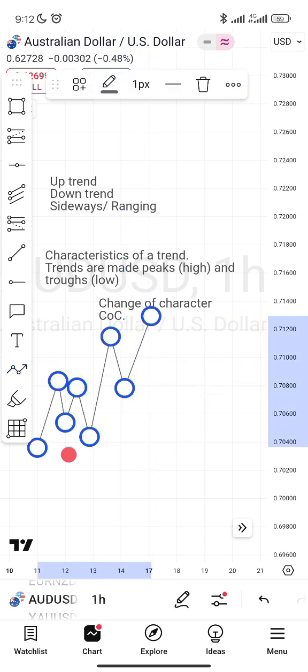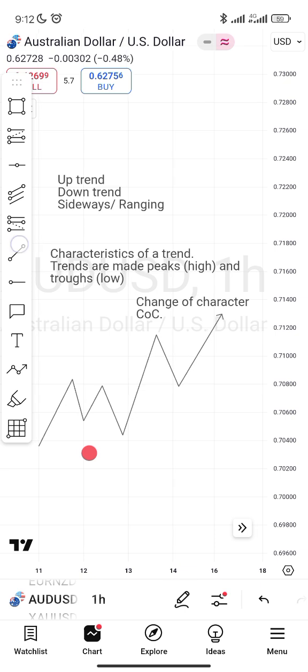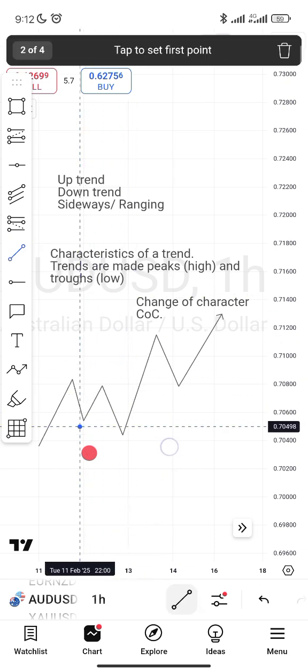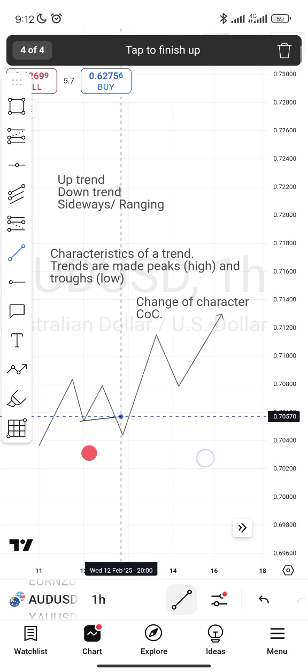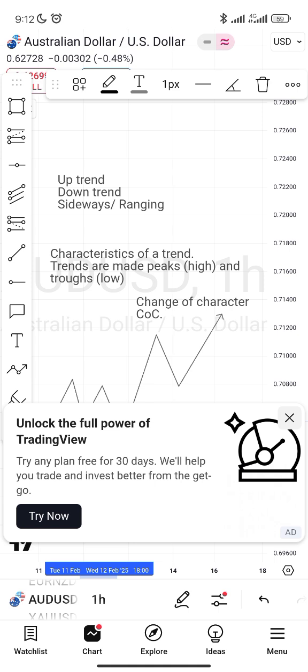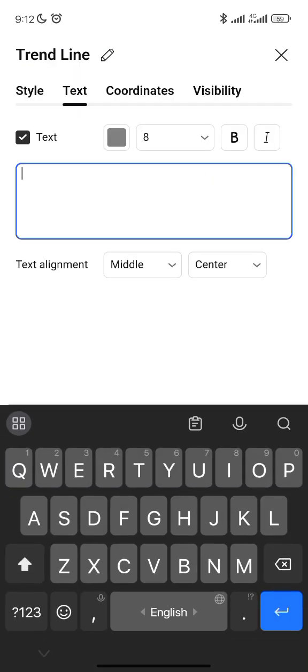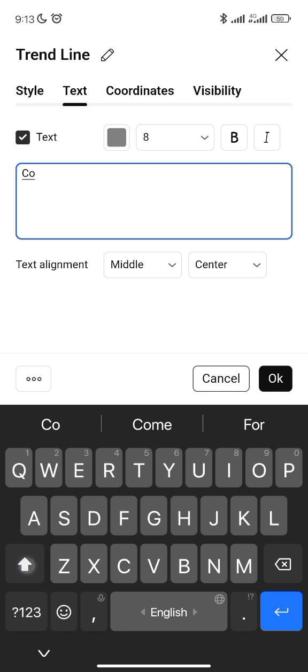You will see some people will come and say, okay, here is a change of character, that in an uptrend the low is supposed to be protected, and because it wasn't protected, the market has changed character.